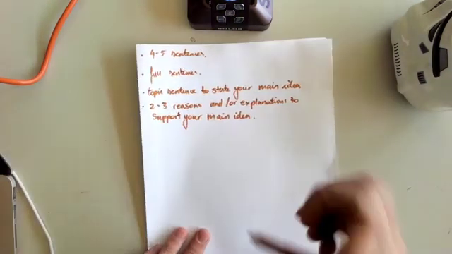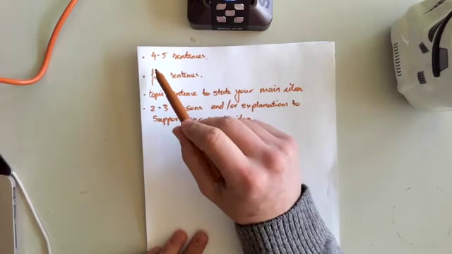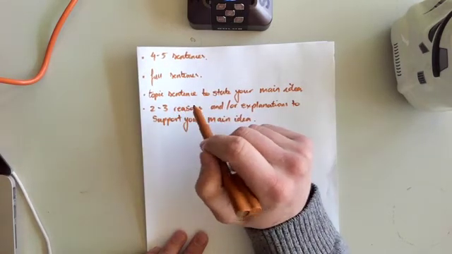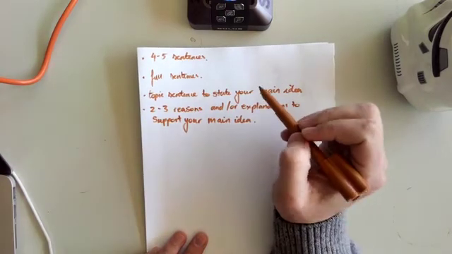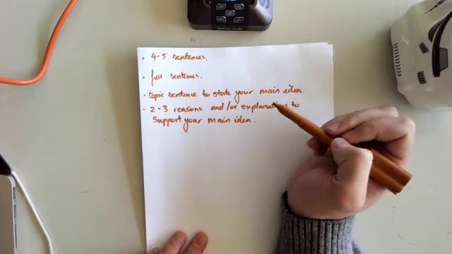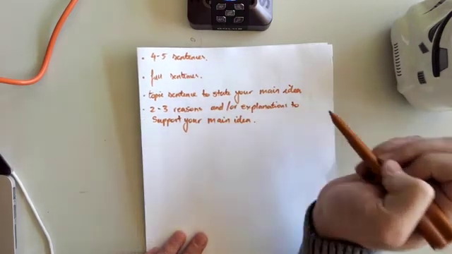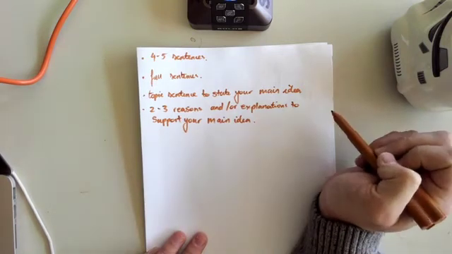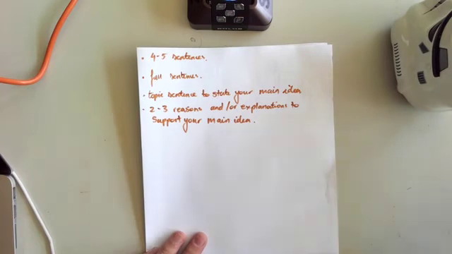You need to make sure that your answer is at least 4, maybe 5, sometimes you can go beyond that, sentences. You need to make sure that you're writing in full sentences. You need to make sure that you give me an opening topic sentence which states the main idea of what your answer is going to be. You then need to give 2 to 3 reasons or explanations to support your main idea.